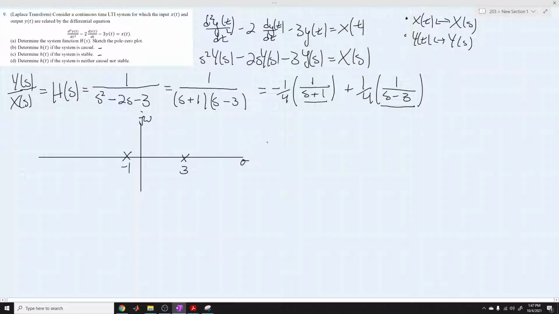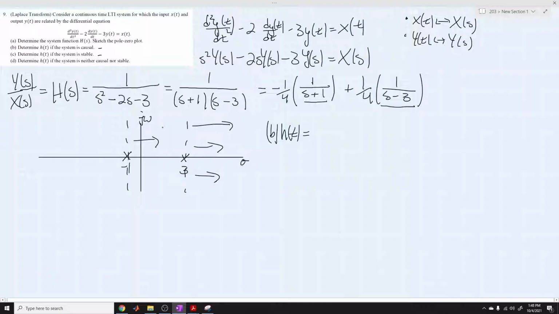Now we want to determine h of t if the system's causal, part b. So h of t is equal to, now, what we need here is, if it's causal, it means it needs to be a right-sided system. So everything's going to be over here, right? And we have to have it overlapping. So that means this one is right-sided as well.